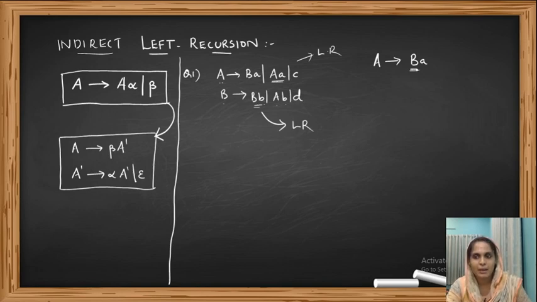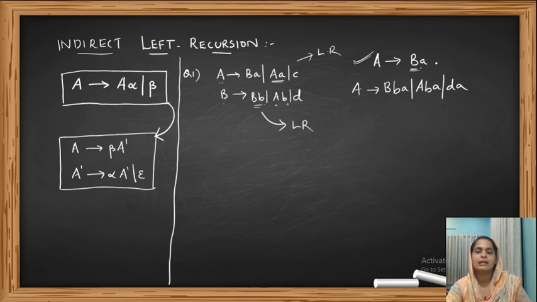Instead of capital B, we can write A produces BBA. Similarly, we can substitute the value of B as AB, so it becomes ABA, and the last term is D, so instead of B we can write D, which gives DA.